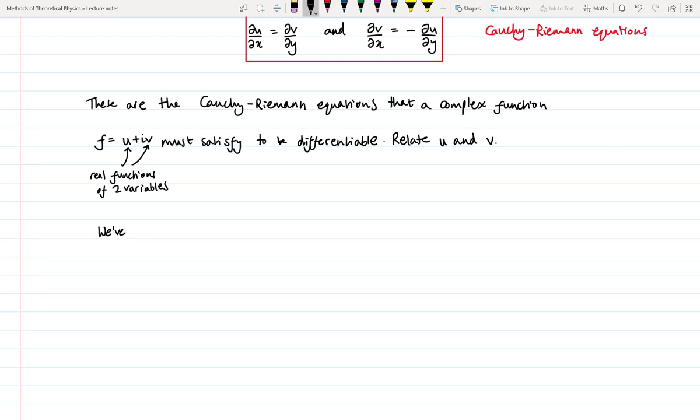We've shown that the Cauchy-Riemann conditions are necessary for a complex function to be complex differentiable.